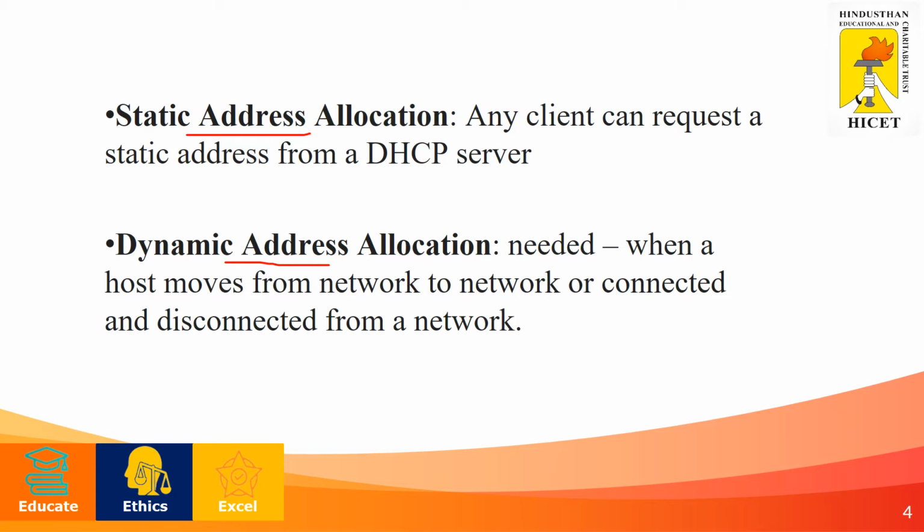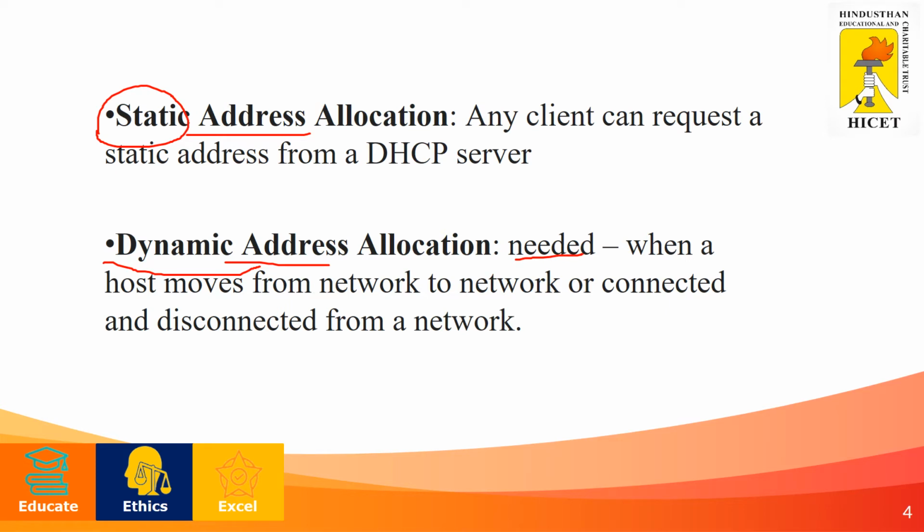So what about static address allocation? If a particular host is in a network permanently, it will be allocated a particular logical address when the execution gets started in the network. For dynamic address allocation, the logical address is allocated dynamically, when it is required.